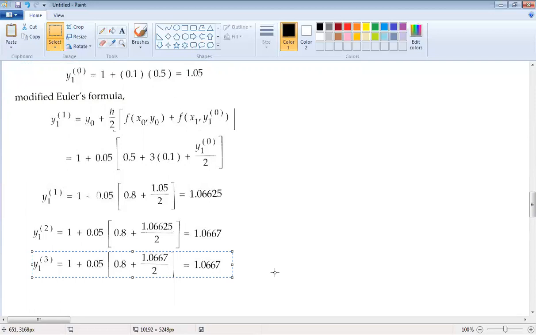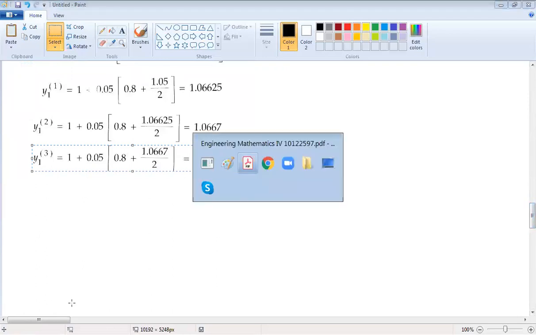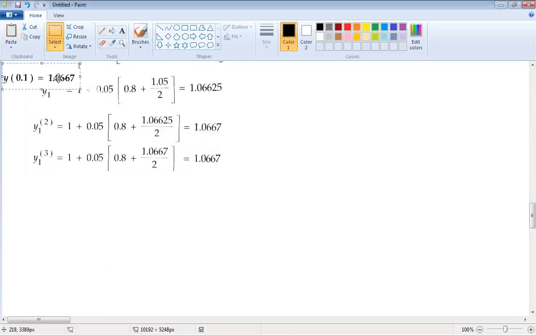You can see both the values of y of the last two iterations are the same. So we can conclude that y of 0.1 is 1.0667. Remember, but the problem is to find the value of y of 0.2.